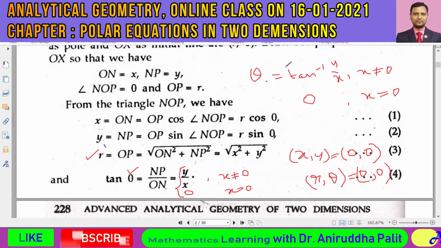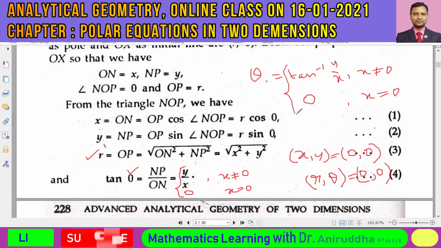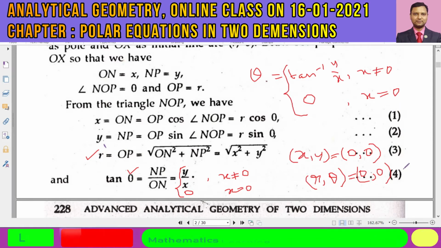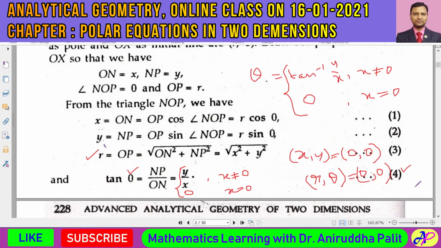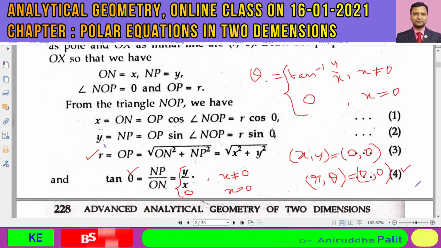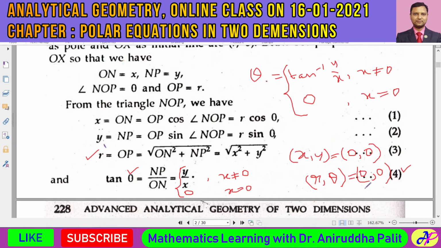Got it? Therefore, this should be the proper definition of theta, and in this way, we also cover this confusing position so that (0, 0) becomes the polar coordinate of the origin as well.